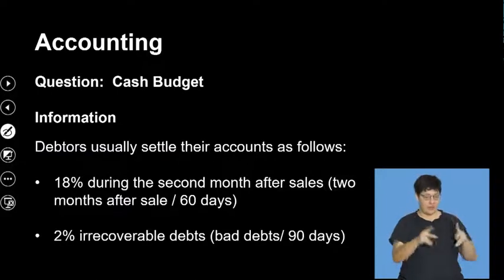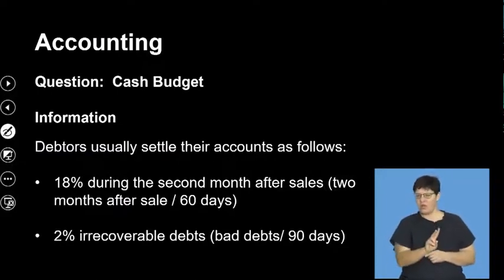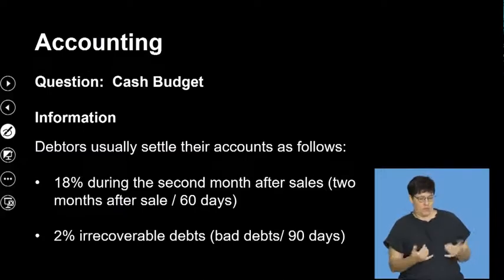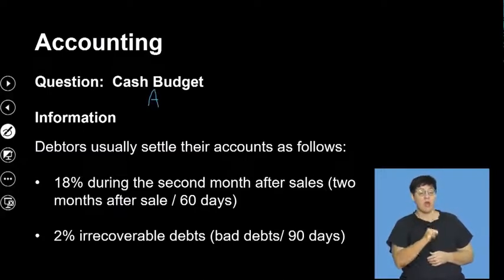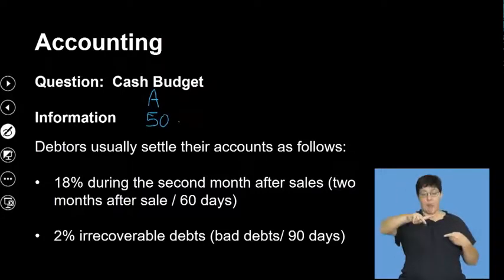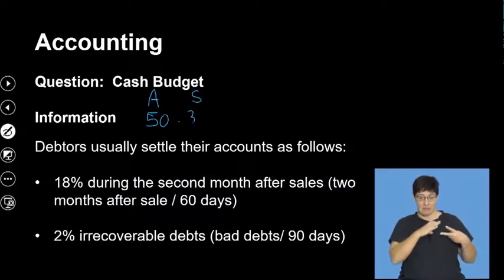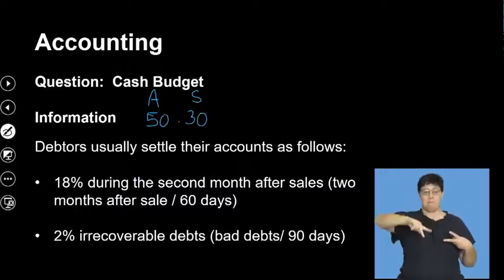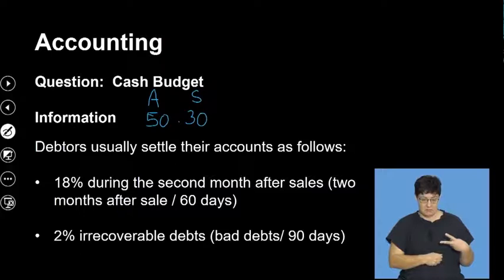Okay, guys, so let's just look at this and see at what point are we. We said that in August, we had 50% of our debtors settling, right? Then we said September was the 30% that of our debtors were settling their accounts. So 50% in the month of sale, as you can see, August, 50%.